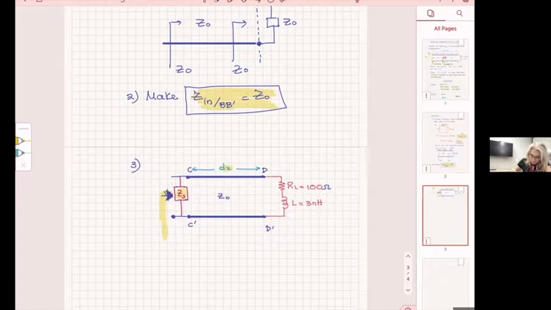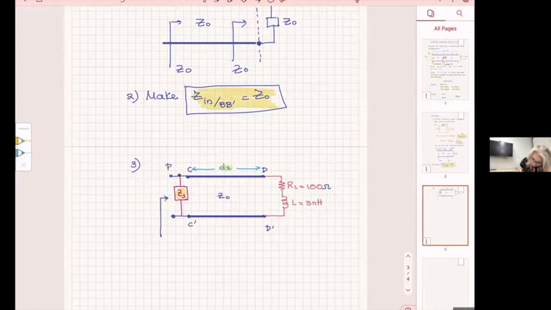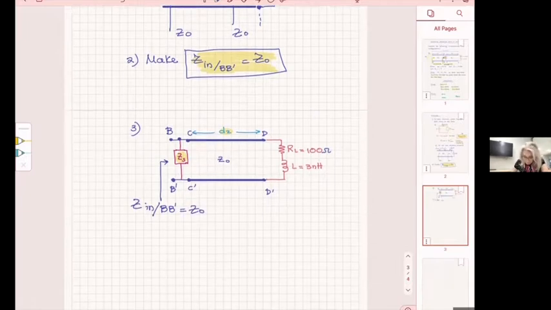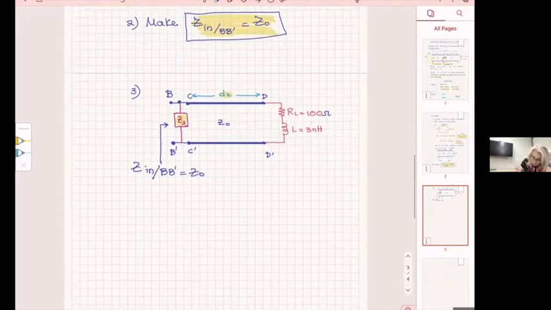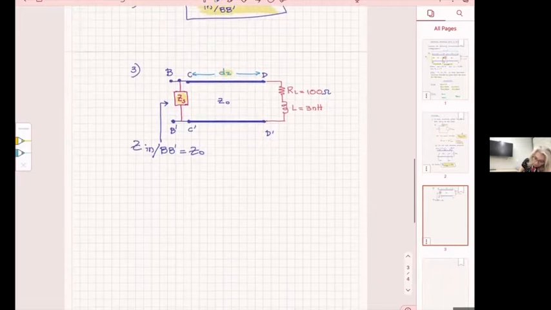And what I want to do here is make this, which is B, make B prime, Z input at B prime, equal to Z naught. So now I have to try to do this on the Smith chart.